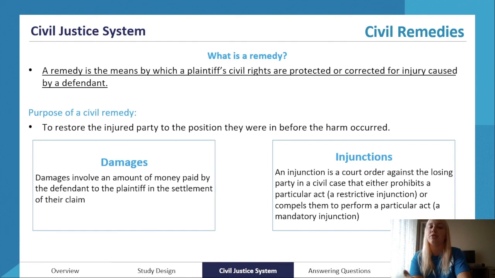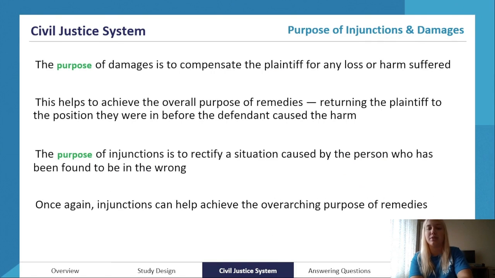That's going to be a discussion point that you're going to be bringing up for questions as well. So we said the purpose of damages is to compensate the plaintiff financially for any loss or harm suffered. Okay? And the purpose of injunctions is to rectify, make right, a situation caused by the person who has been found to be in the wrong.